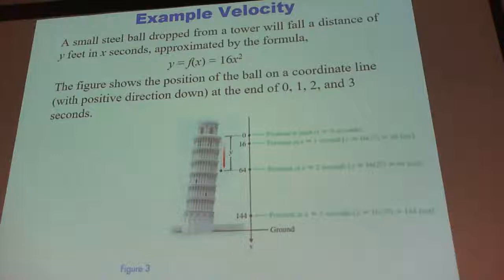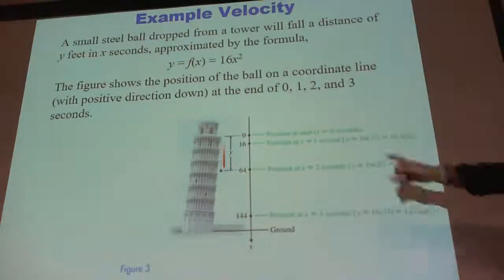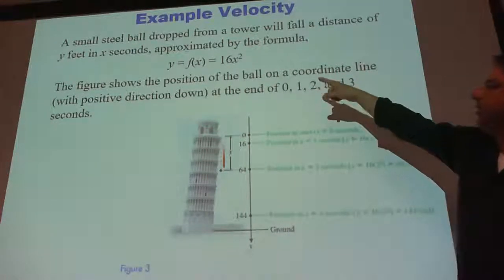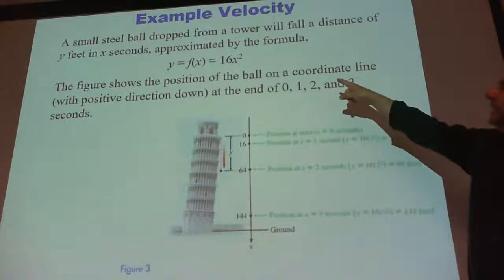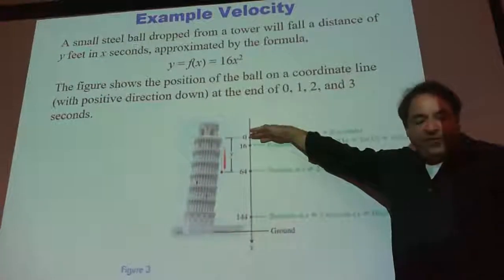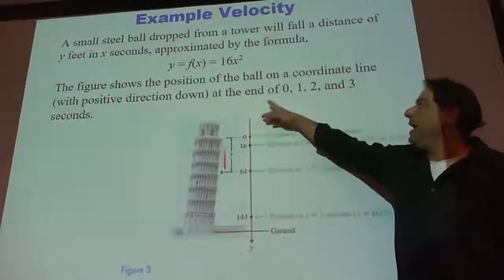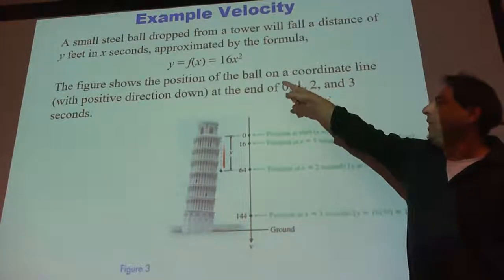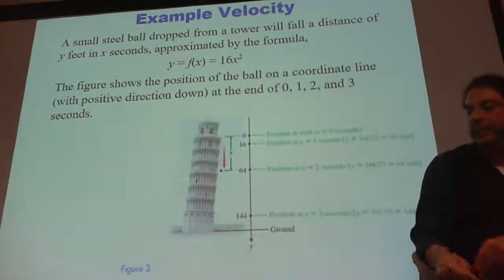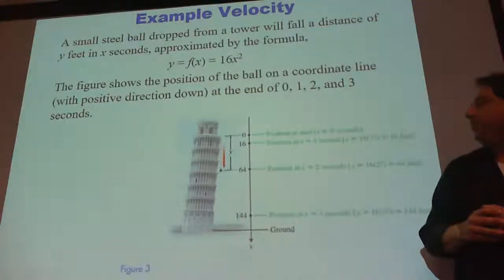First of all, let's just look at it. So this is the tower. At 0 seconds, if I plug in 0, 0 squared, 0 times 16 is 0. It hasn't moved at all. It's 0 feet away from me. 1 second later, 1 squared is 1, 1 times 16. It's now 16 feet away from me.